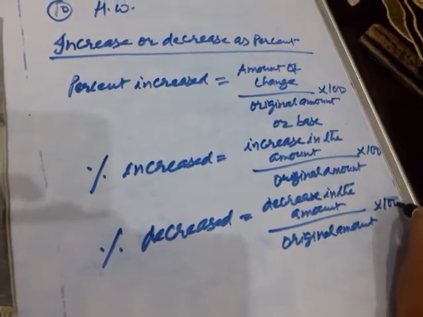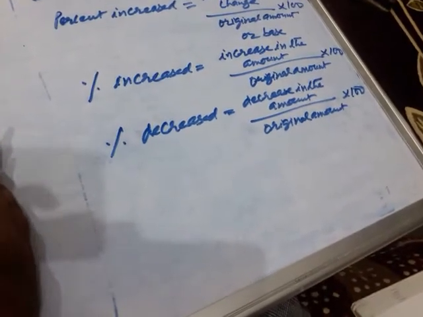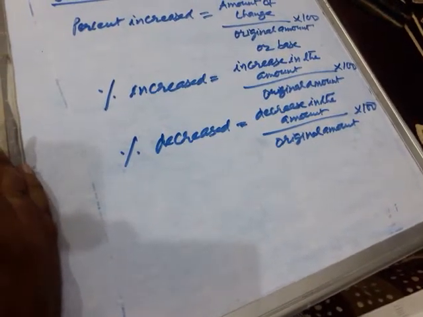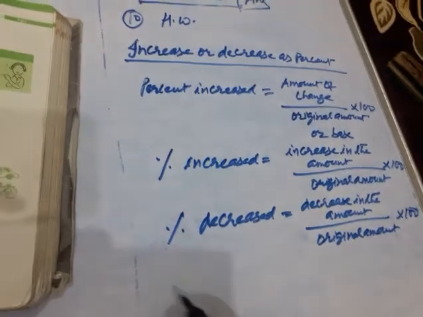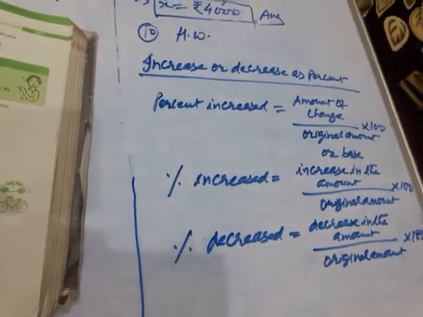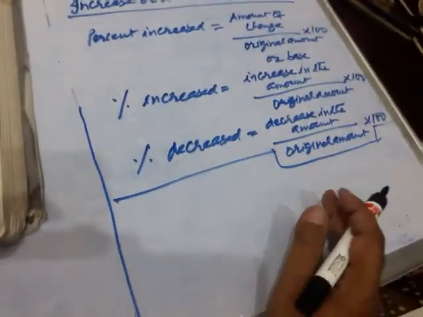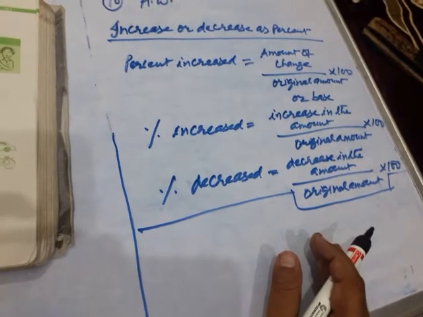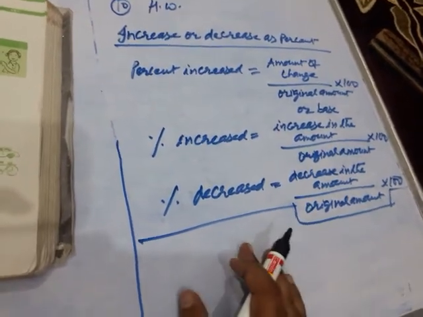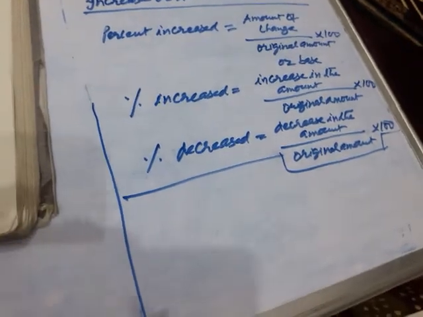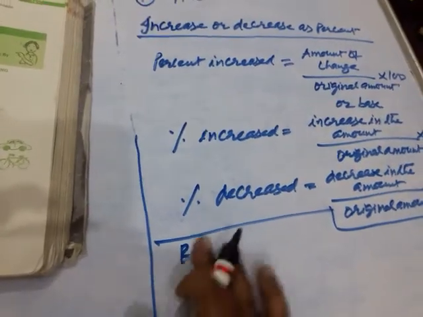Okay children, clear? Now some terms are related to prices of an item, or buying and selling. When you buy something or sell something, children, there are two terms which arise, that is CP and SP, clear?